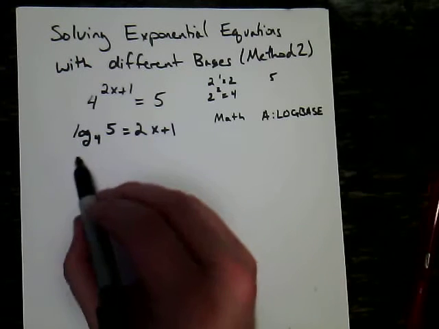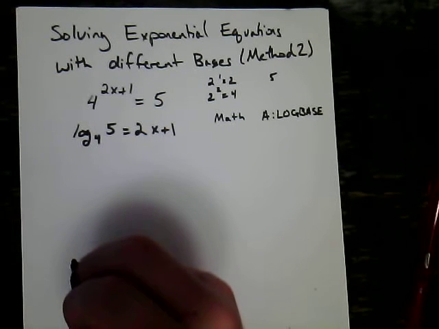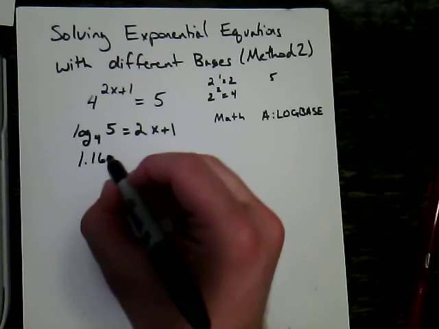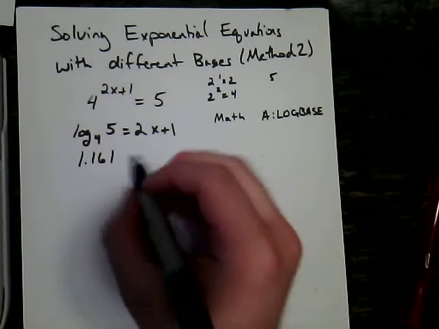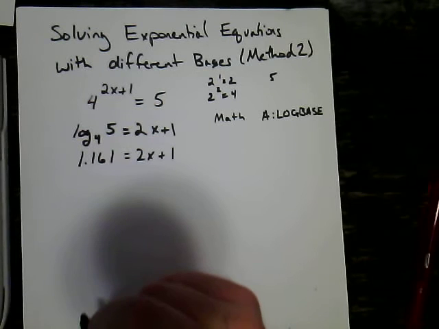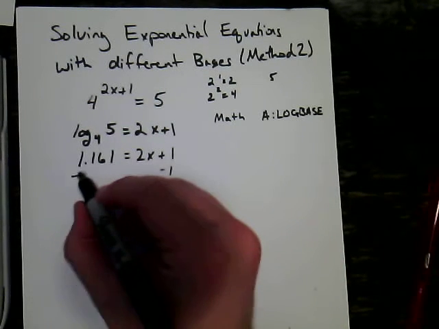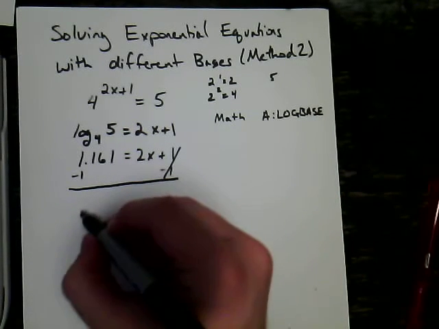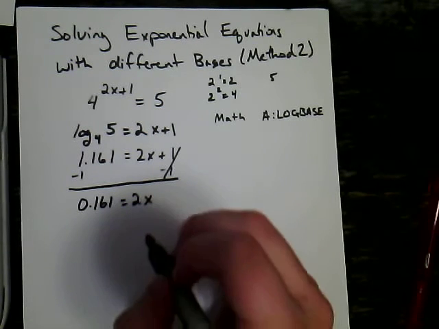Once we get that in our calculator, I'll go ahead and put that in and get that as a decimal. That decimal is going to be 1.161. We'll just round to 3 decimal places. And then we'll say equals 2x plus 1. And then we're just solving this like a classic two-step. That's all we're doing these days, just solving two-step equations. So we'll subtract 1 from both sides. So we get 0.161 equals 2x.